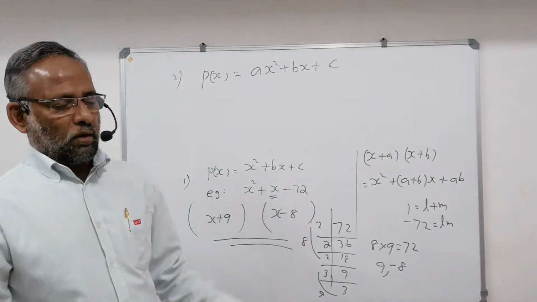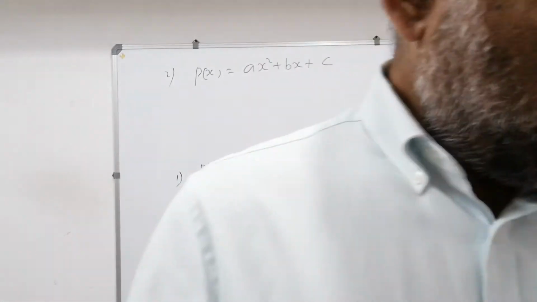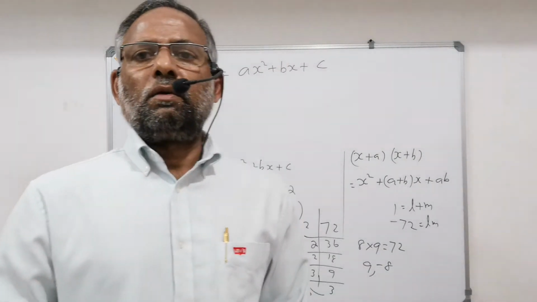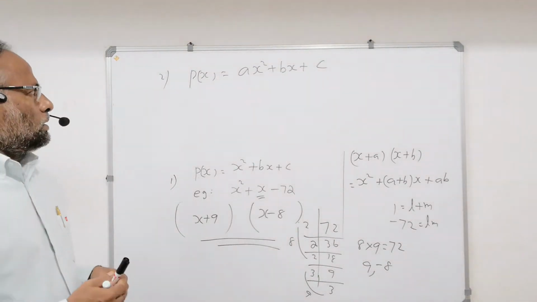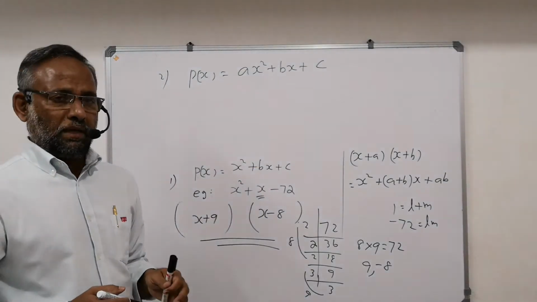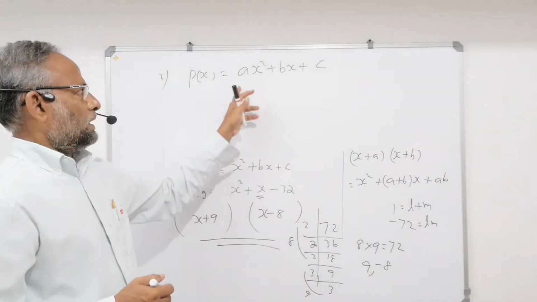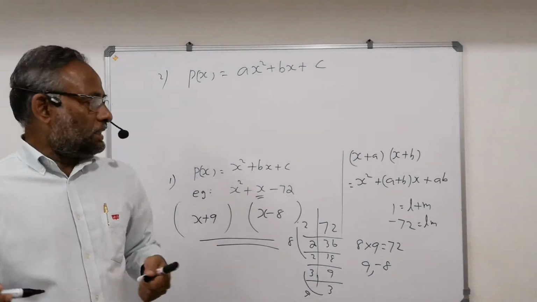Now, how can we do this one? ax square plus bx plus c is there. So what is the method? How can we do it? Okay, so here also we can split the middle. The heading is by splitting the middle term. Many methods are there, but here we have to apply splitting the middle term.